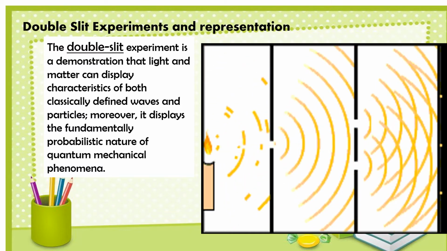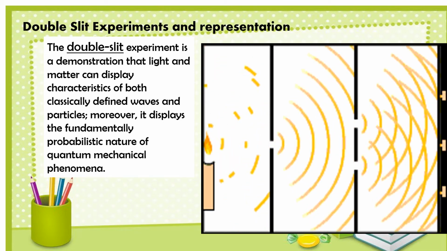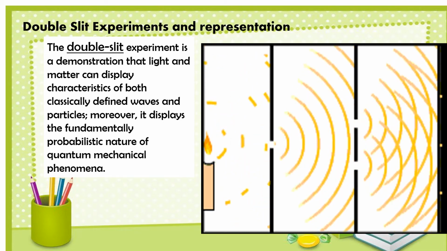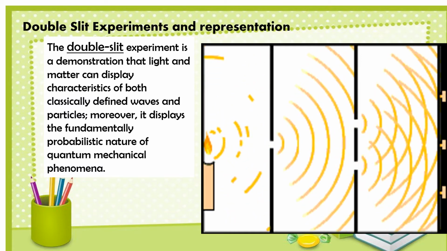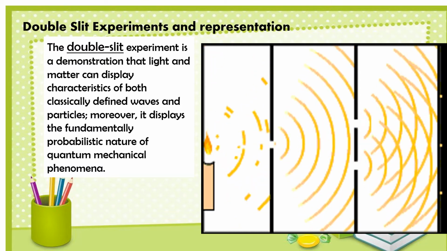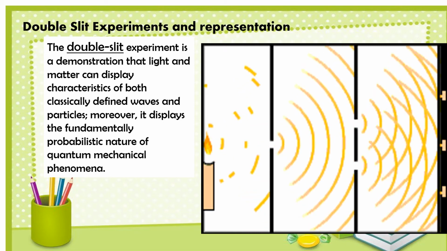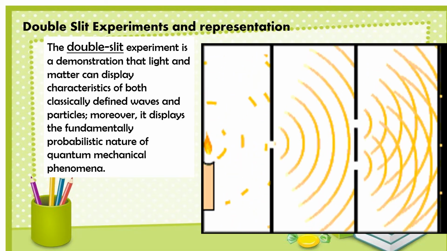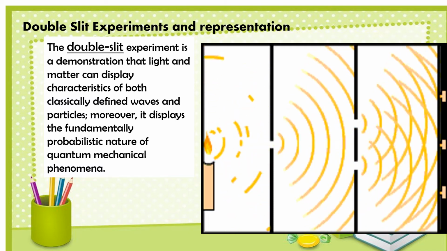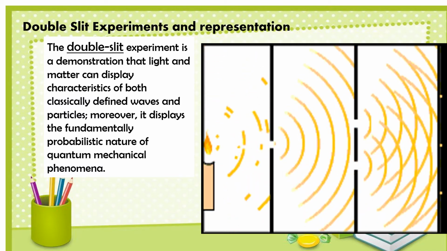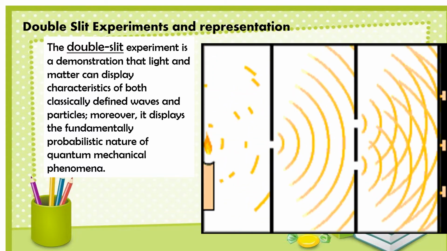Moreover, it displays the fundamentally probabilistic nature of quantum mechanical phenomena. As you can see, you have here one slit, then the first line or the first column. Then, as light passes in the slit, then another two slits. So how the waves move or pass through the two slits. So waves travel even more.